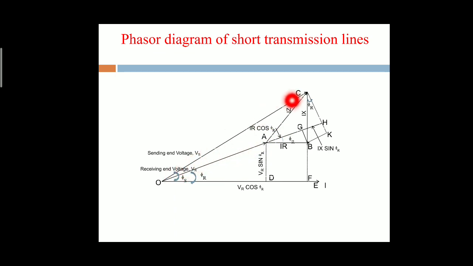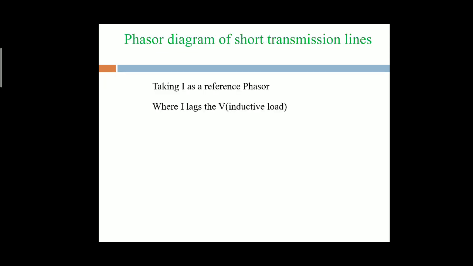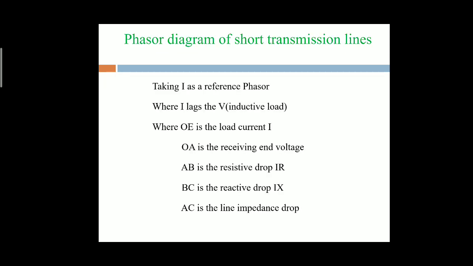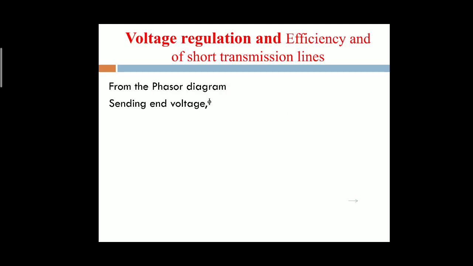Next, OC is the sending end voltage. These are the notations for the phasor diagram. By using this phasor diagram, we calculate the voltage regulation and efficiency.